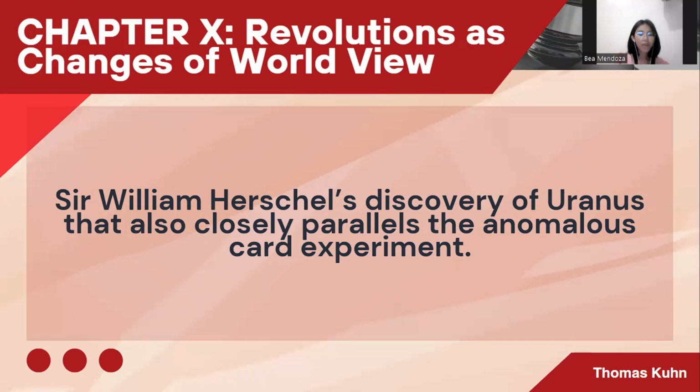A celestial body that had been observed off and on for almost a century was seen differently after 1781 because, like an anomalous playing card, it could no longer be fitted to the perceptual categories, star or comet, provided by the paradigm that had previously existed.